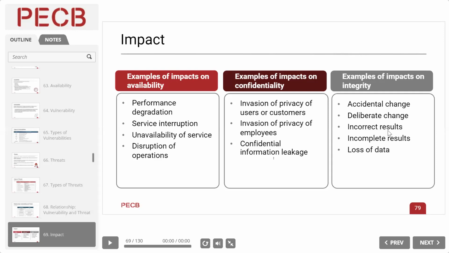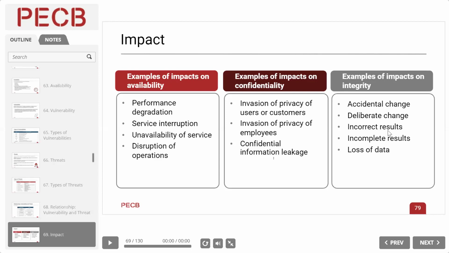Okay, and these are some examples of the impact from the CIA perspective. Examples of impact on availability: performance degradation, service interruption, unavailability of service, disruption of operations.